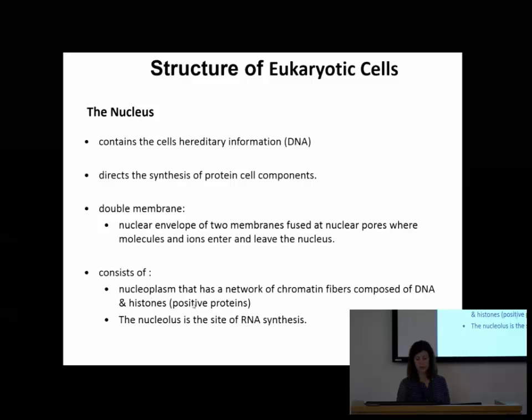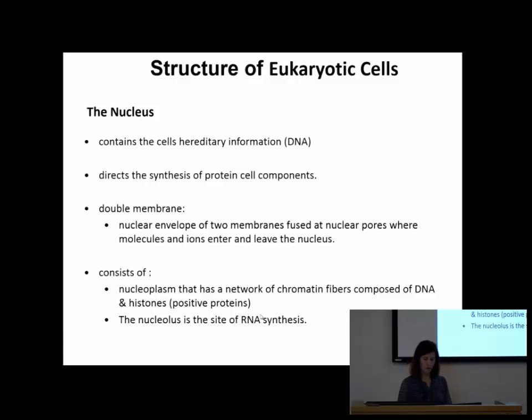Because DNA is really negative and histones are positive. So you can't, DNA would repel itself quite a bit. So in order to stop all that repulsion, it's evolved to wrap itself around something that's positive so that it can be compact. Pretty smart. And so we have RNA synthesized from this DNA.